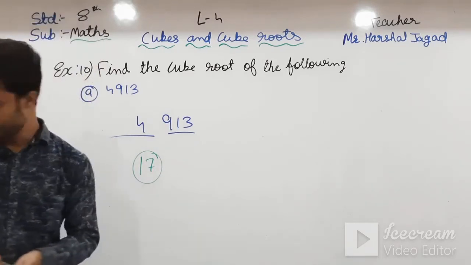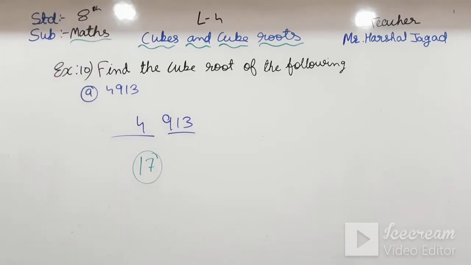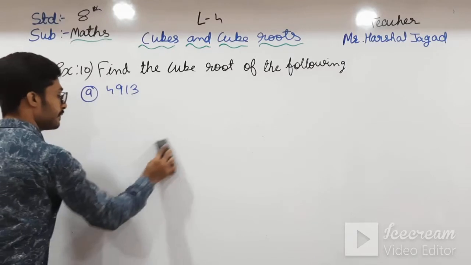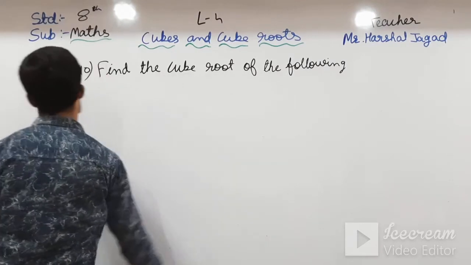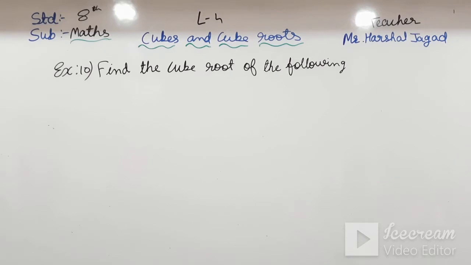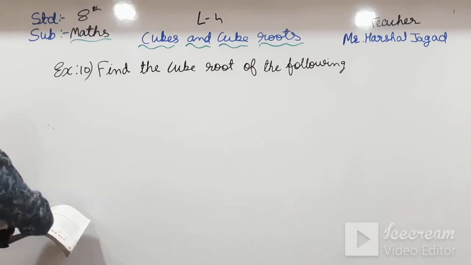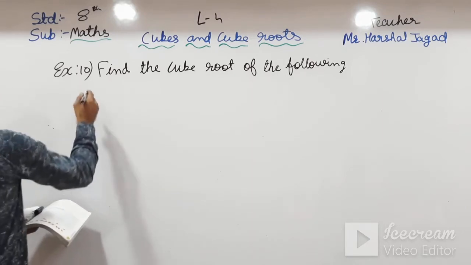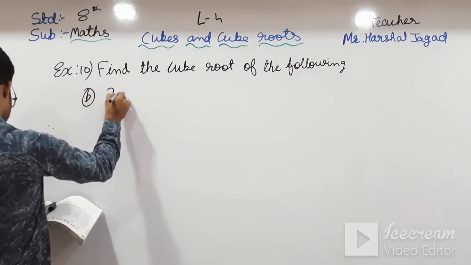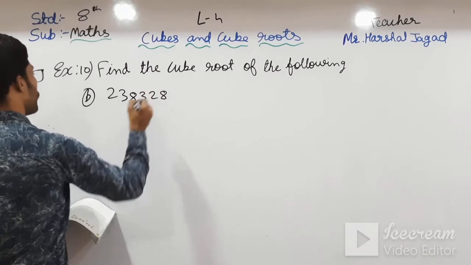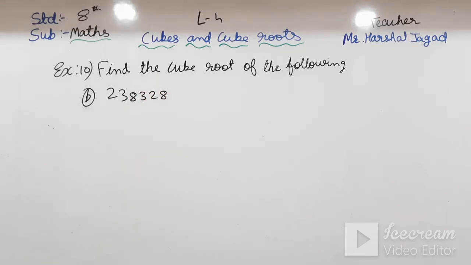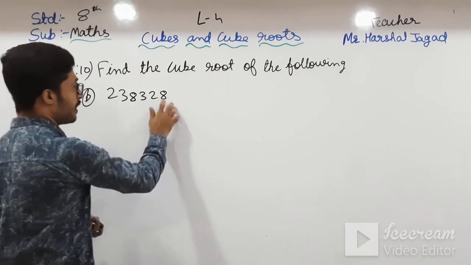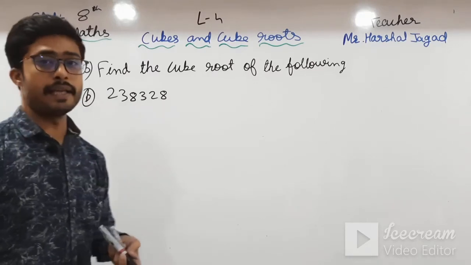Okay students, next, B. B is 238328. So first what we have to do, we have to make the groups, and this is an even number, so its cube root must be even.